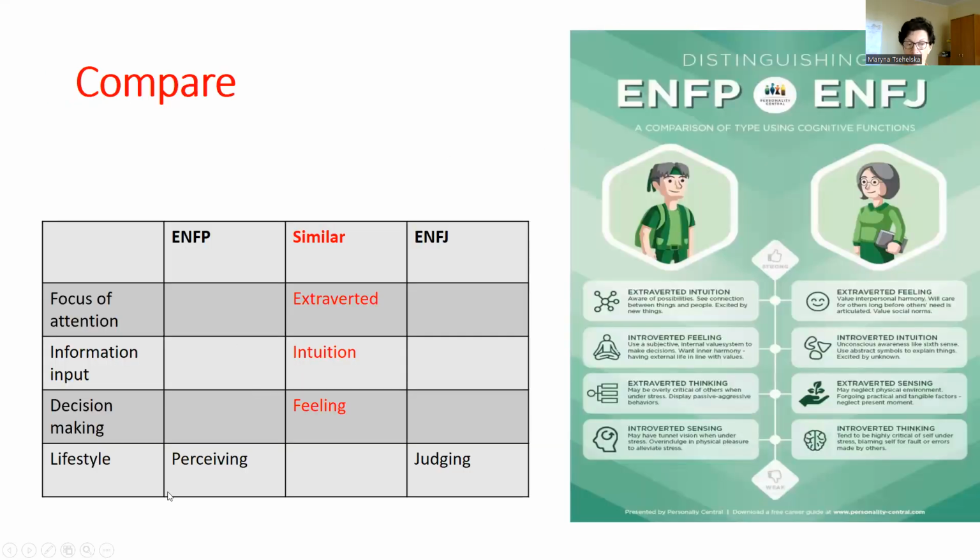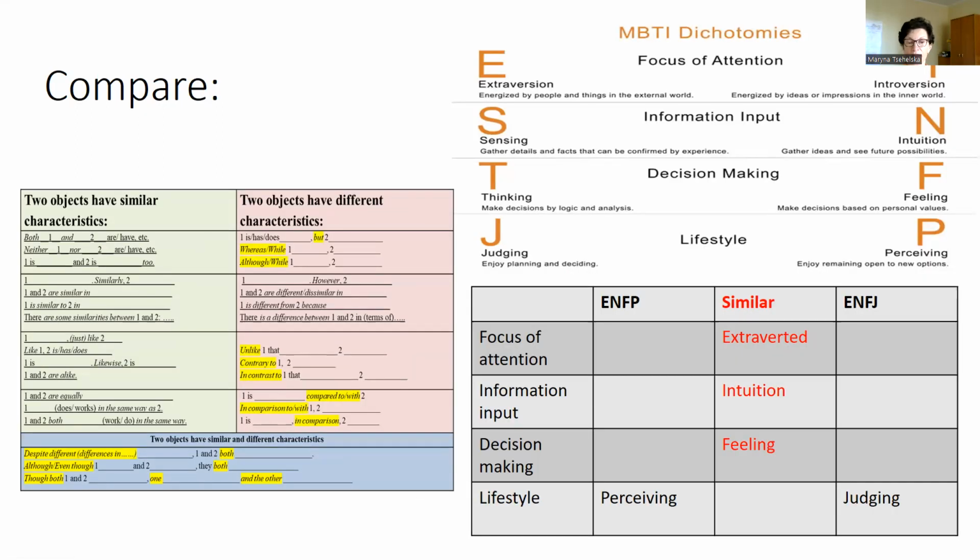So, whereas ENFP has a perceiving lifestyle, the ENFJ has a judging lifestyle, and that is how he differs from ENFP. So altogether, they have similar and different characteristics.